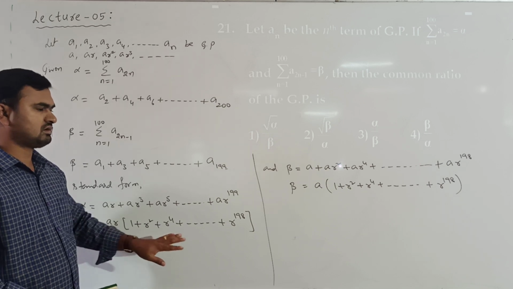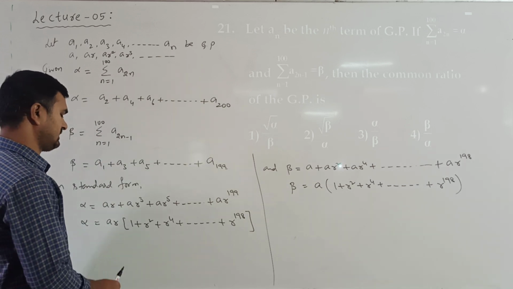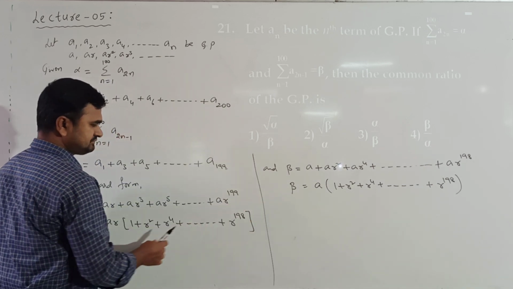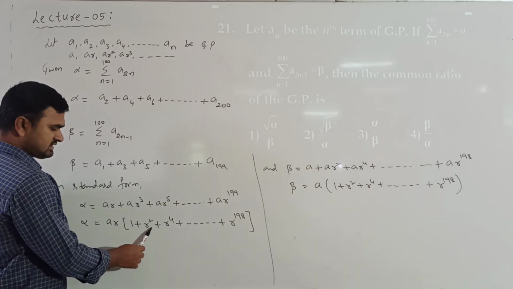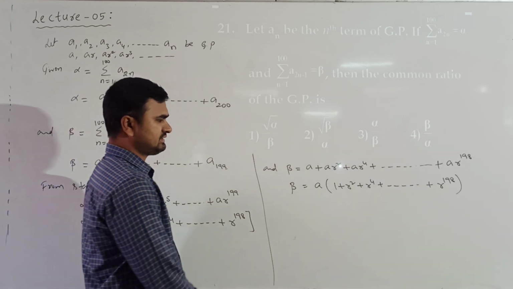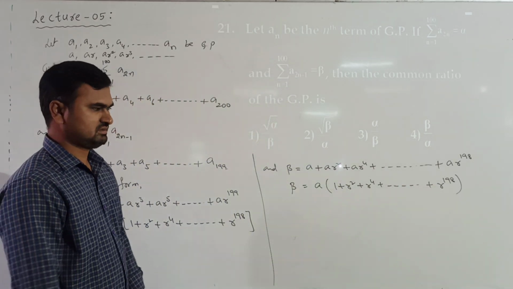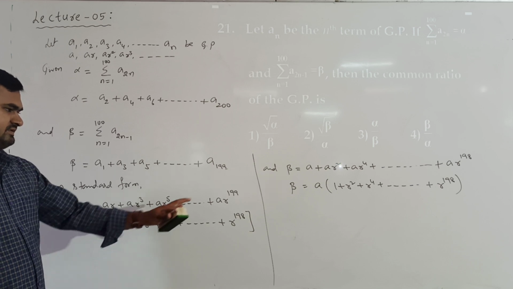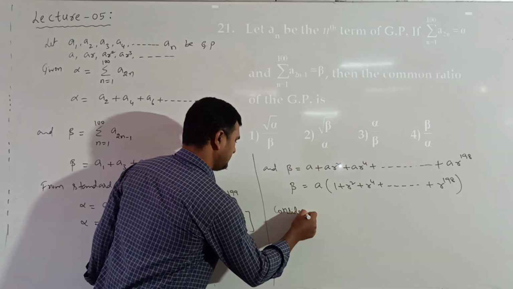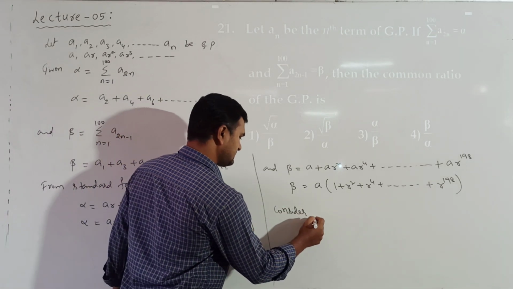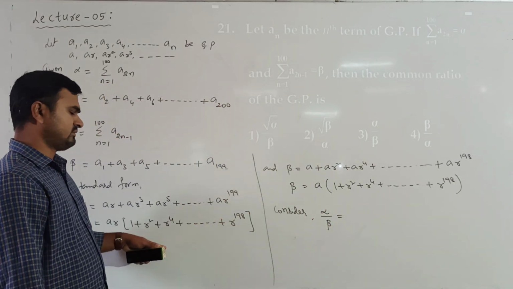Now we need the common ratio. What is the r value? For this progression we need the r value. Now observe alpha and beta. Here we have ar into the bracket 1 plus r square, r power 4, up to r power 198. Now here also we have 1 plus r square, r power 4, up to r power 198. So if we divide, these terms will get cancelled. So consider alpha by beta, or you can take beta by alpha also, no problem. Dividing the two, the bracket will get cancelled.